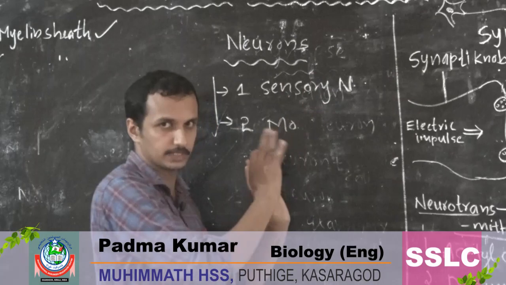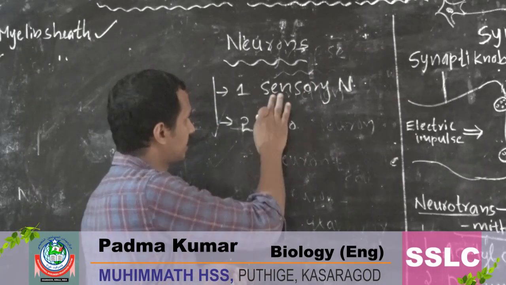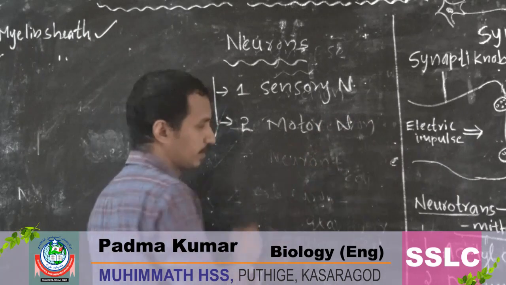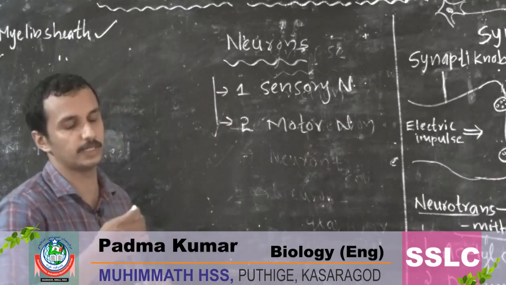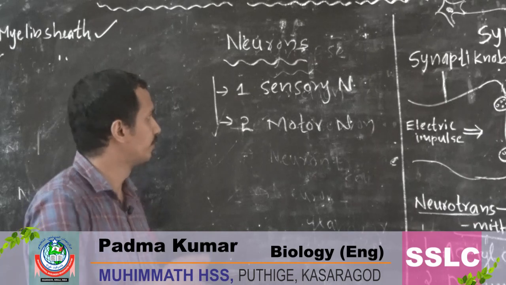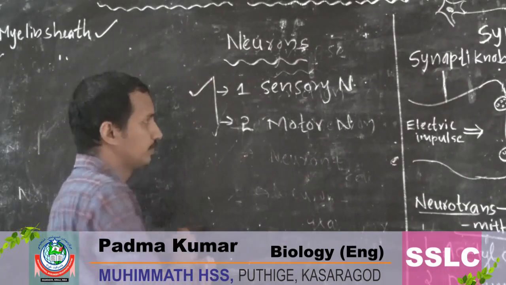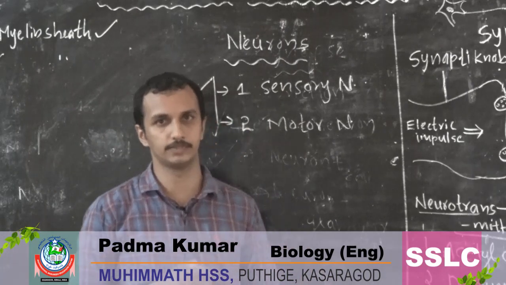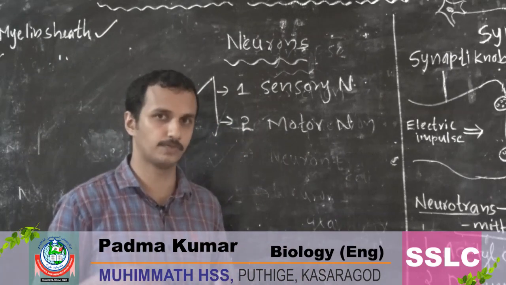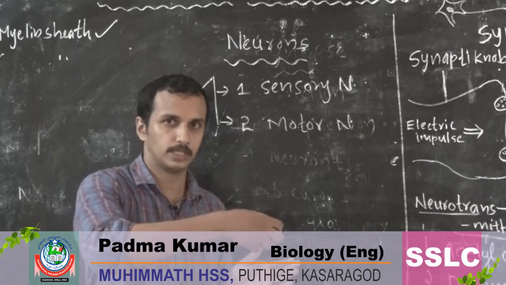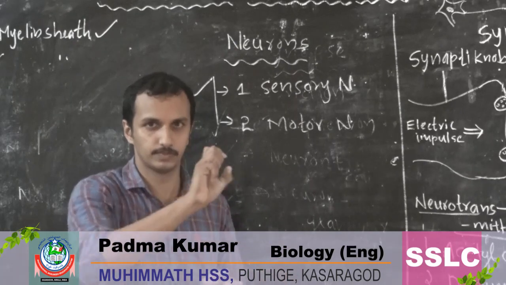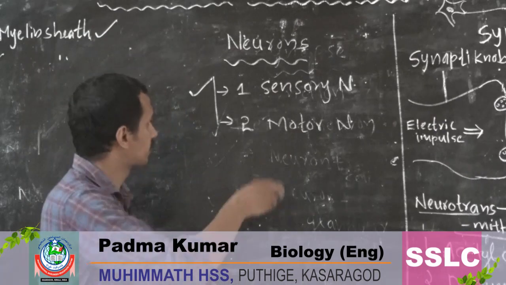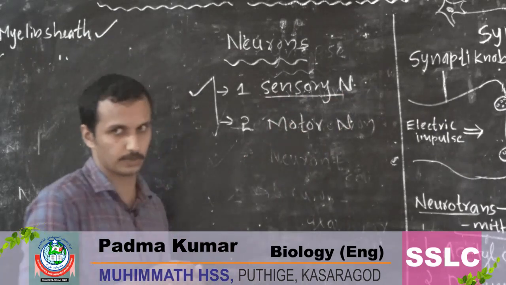The first one is called a sensory neuron. The second one is called a motor neuron. So what will the sensory neuron do? The sensory neuron receives impulses from different regions of our body, or the impulses produced by receptors are transmitted by the sensory neuron.